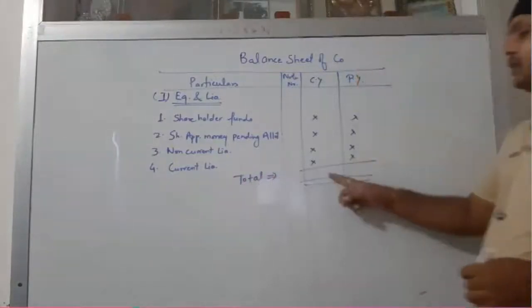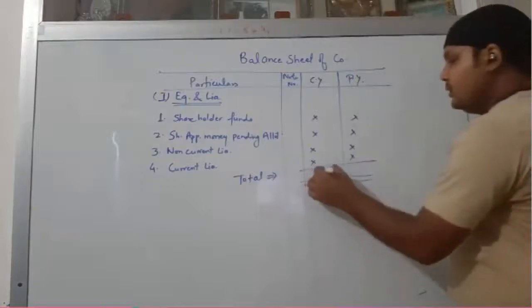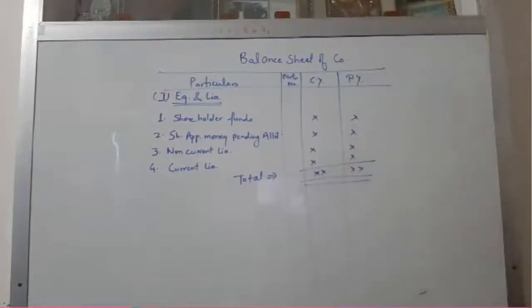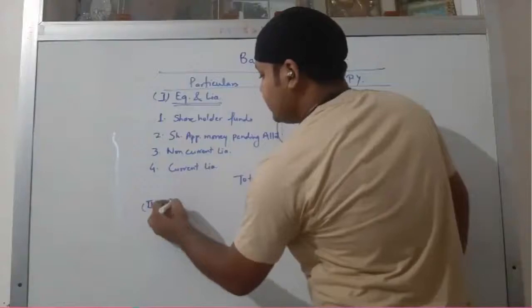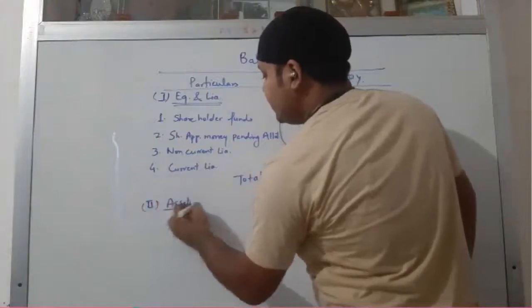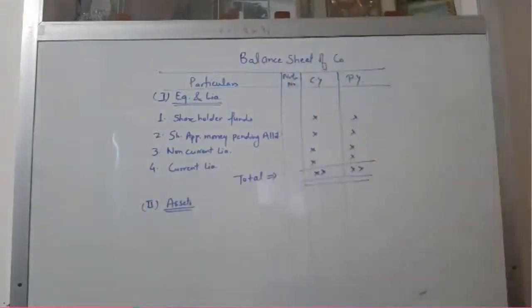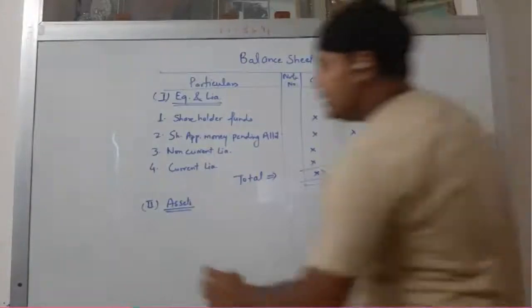So this is a total. So the second side of the balance sheet of the company is assets. And in the asset side, there are basically two heads. The first one is a non-current assets.